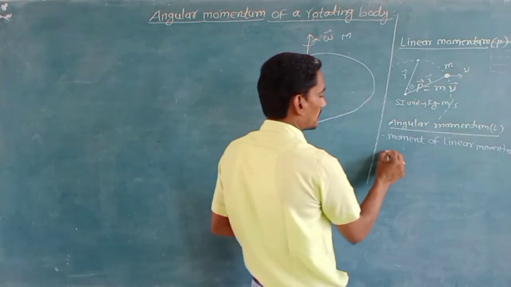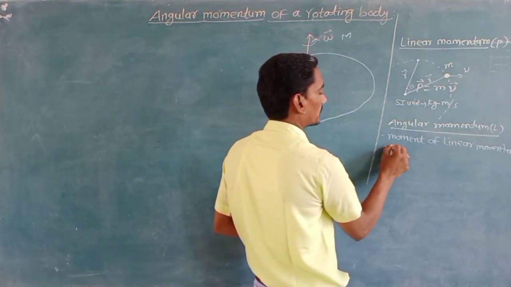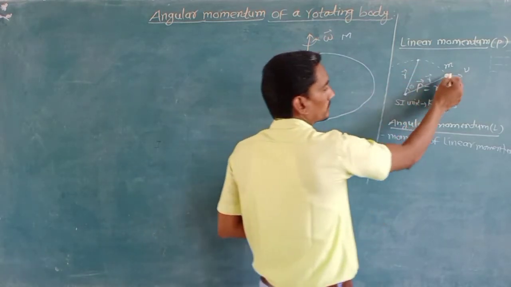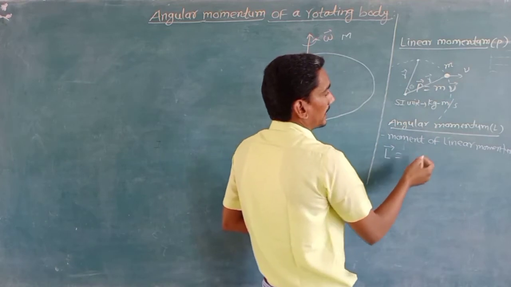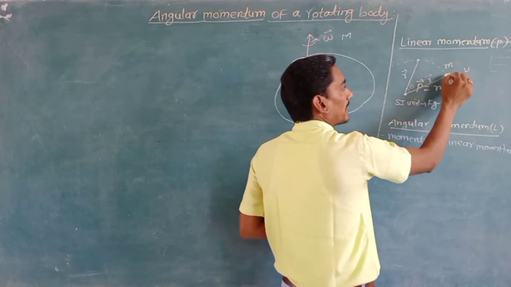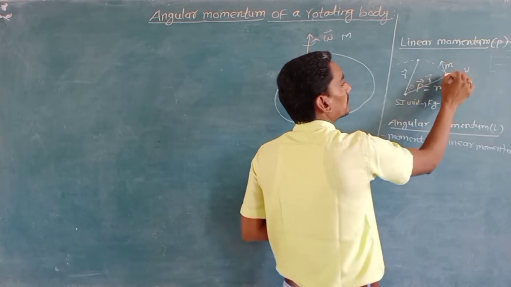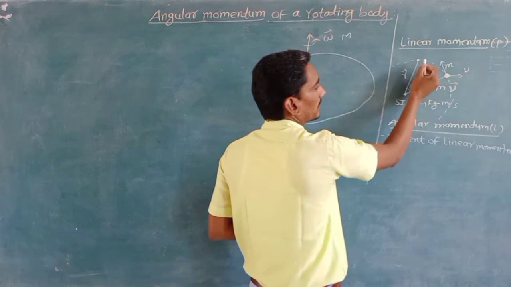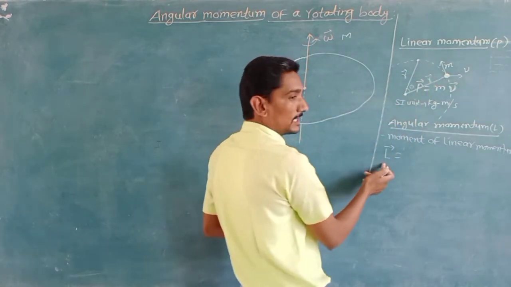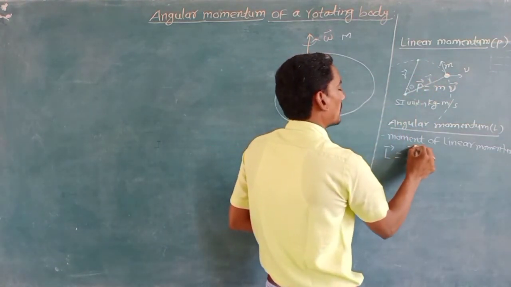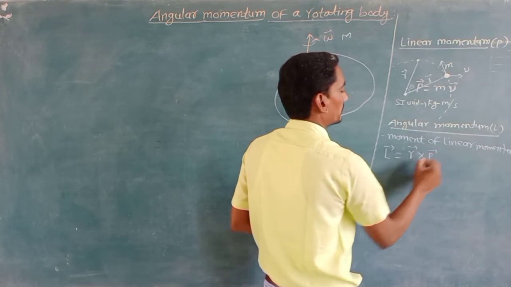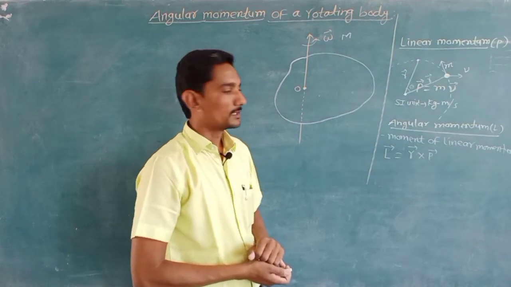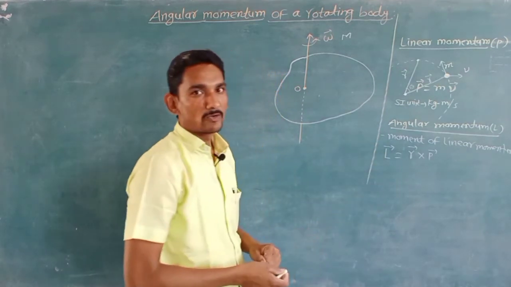That means we can write: angular momentum L vector equals, what is the linear momentum for this object? That is the P vector. When the particle is at this position, this is the linear momentum for that particle, and this r vector gives the position. So you can say that L vector equals r vector cross P vector. That means the moment of linear momentum is the angular momentum. So this is the angular momentum.